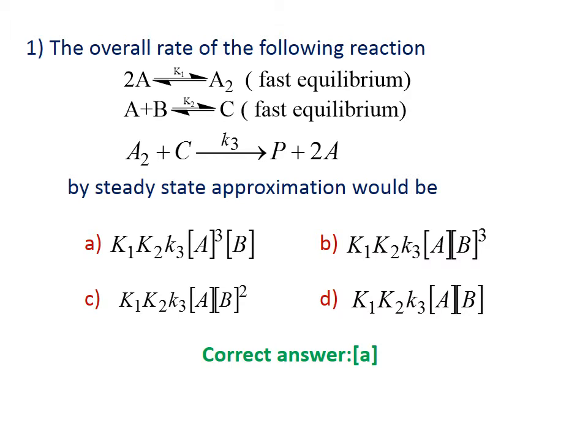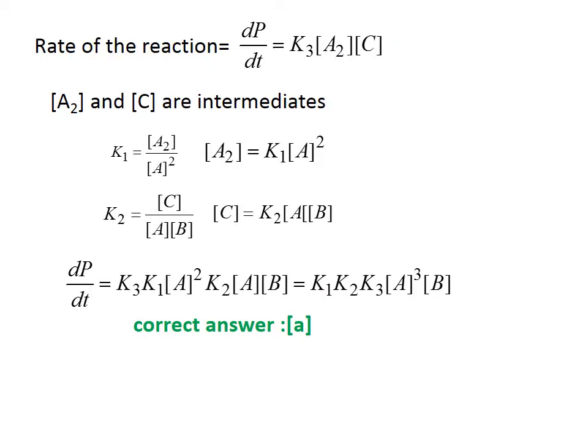According to the steady state approximation, the rate of formation of the intermediate will be equal to the rate of disappearance. Also, we are going to use the equilibrium constants K1 and K2. The rate of the reaction dP/dt will be equal to, from the third equation, the rate constant K3 into concentration of A2 into concentration of C. The concentrations of A2 and C are intermediates, and they can be calculated from equations 1 and 2.